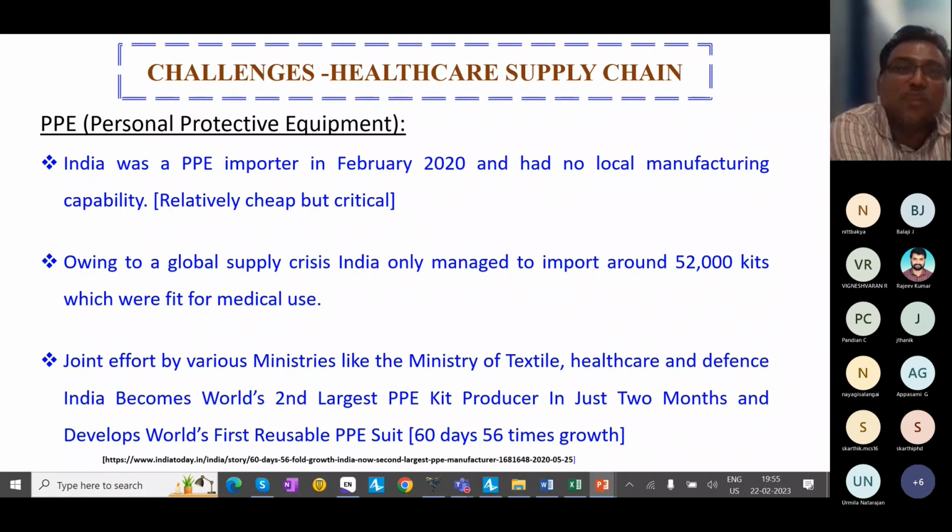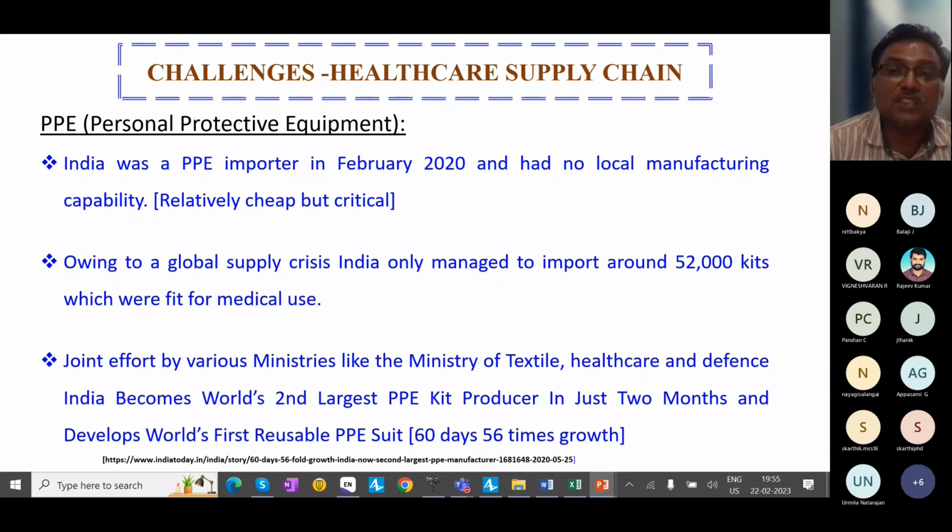It is relatively cheap, but when COVID struck, it became a very critical item, right? You can think about that period. We tried to get this PPE. India tried to source PPE globally from global markets, but very few countries were producing high-quality PPE.